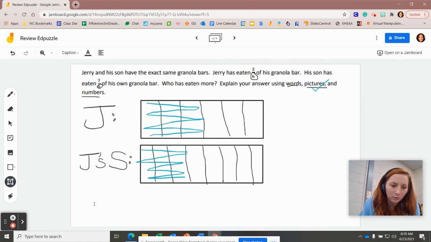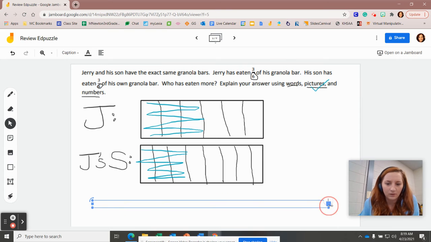So our words would be: Jerry has eaten more of his granola bar. I know this because 3/6 is greater than 3/8. Okay, it wants me to use numbers.